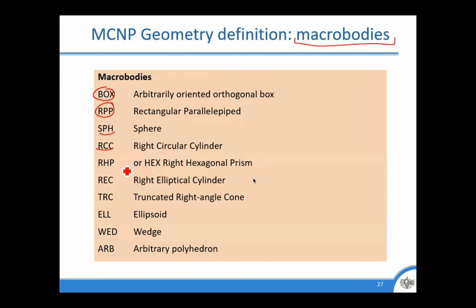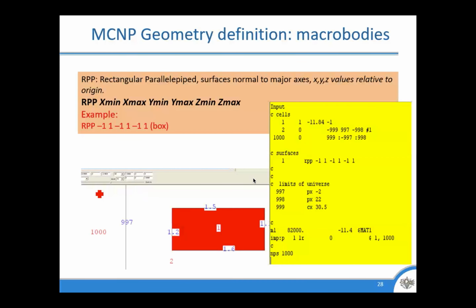So this is the idea of the macro bodies. We will define some envelope which is created taking into account the specific volumes we want to use. So these are the ways to create it.